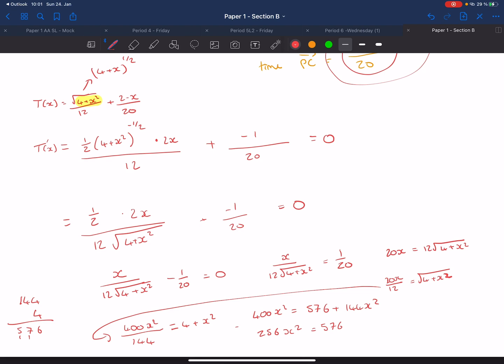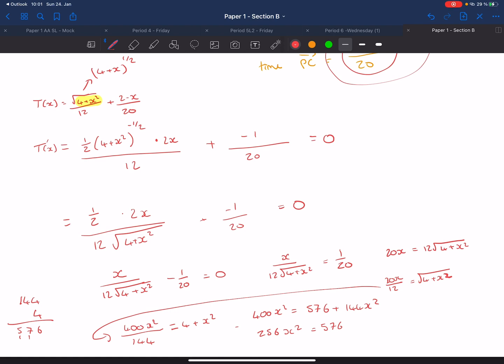I feel like I've gone wrong somewhere. 4 times 4 is 16. What I really wanted to happen, if I'm honest, is that I could divide. Maybe it's going to work out.